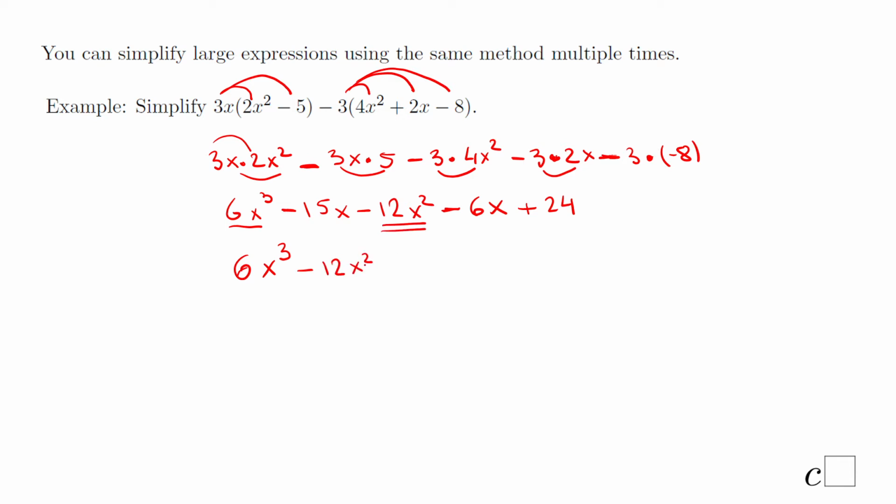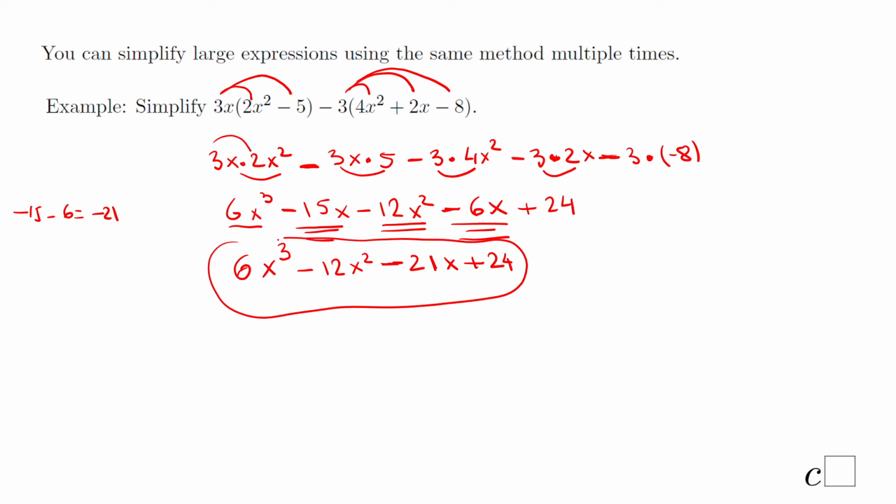But when we move to the x term, we have negative 15x minus 6x. If you need negative 15 minus 6, that will be negative 21. Don't forget the x. Minus 21x plus 24. And this is the answer for this example.